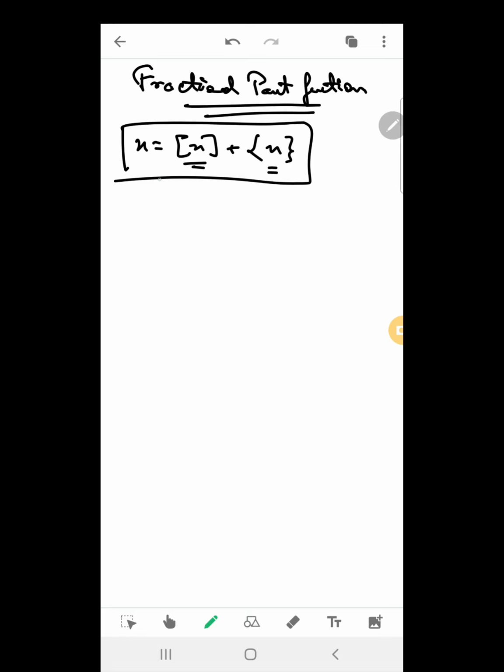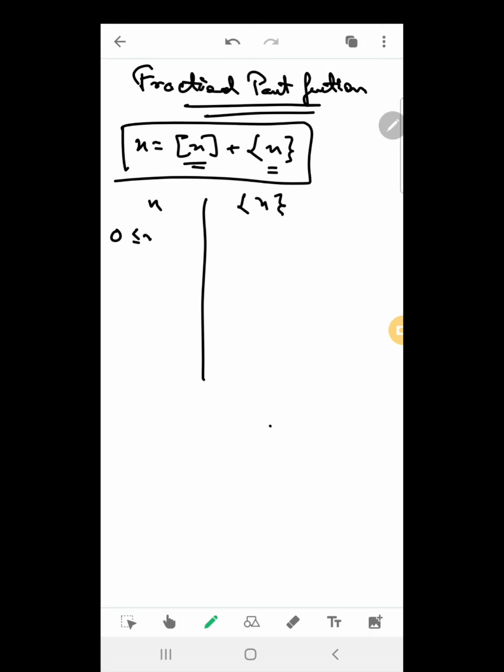Basically what happens is that the fractional part function gives you the decimal portion. So first let us understand the tabular form. This is your x, this is your fractional part of x.